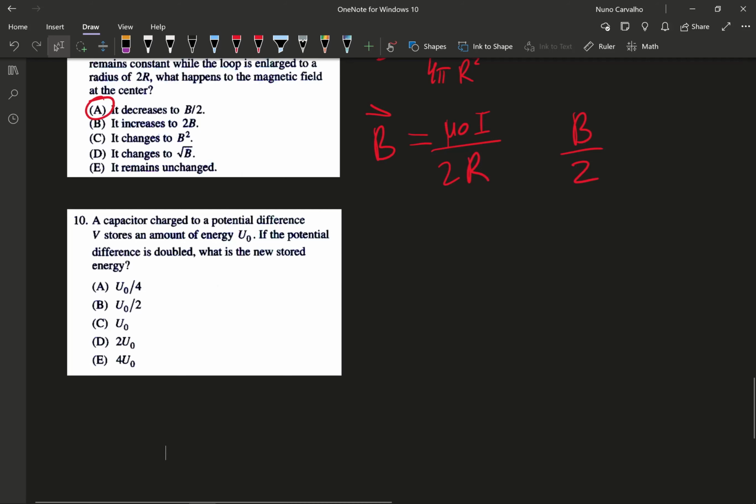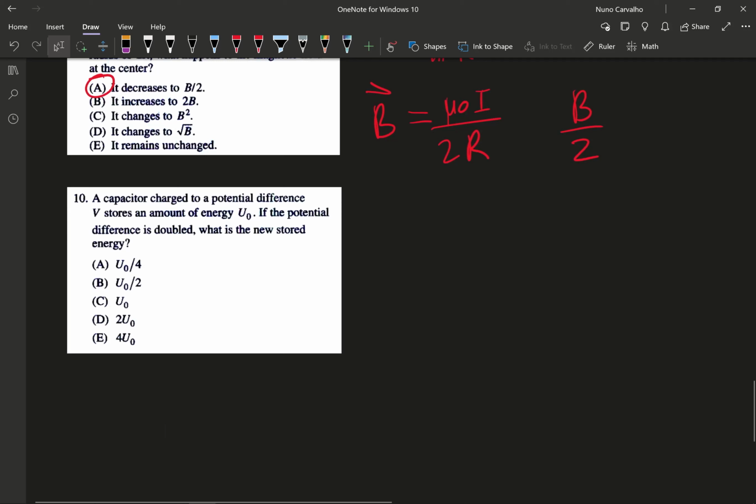Number 10, we're told that a capacitor charged to a potential difference V stores an amount of energy U. If the potential difference is doubled, what is the new stored energy? Well, from your formula sheet, you should know that the potential energy of a capacitor is going to be given by this formula right here, which can then also be rewritten as something that looks like this.